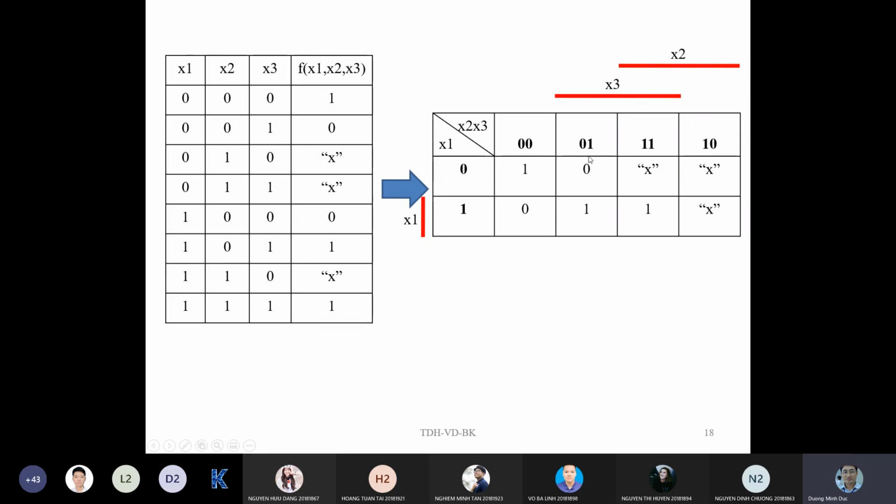Then the second column is 0, 1. Okay. So the next column also differs by one bit from this one. So it can only be 1, 1, since 0, 0 is this one.